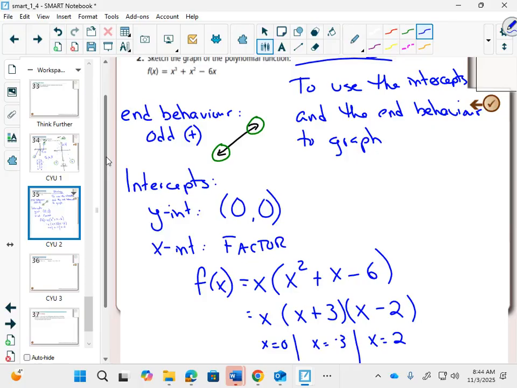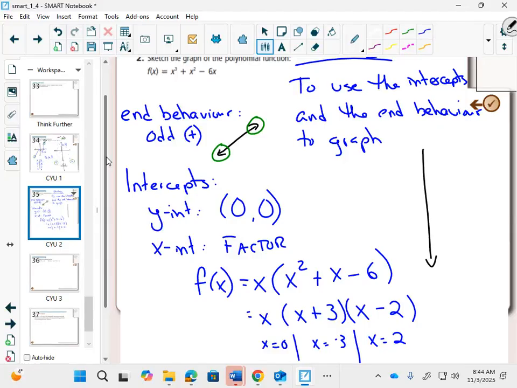So how does this help us graph? And why is this faster than a table of values? Well, for a couple of reasons. One, our intercepts actually ended up being 4 points. We have 4 points like a table of values, but they're 4 very important points.